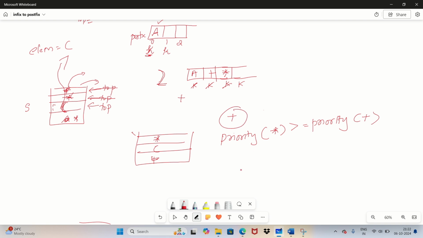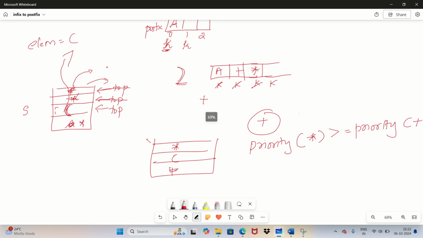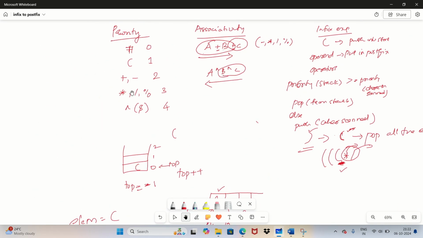This has come from the infix. According to our priority of into, we already have seen what the priority of into is.